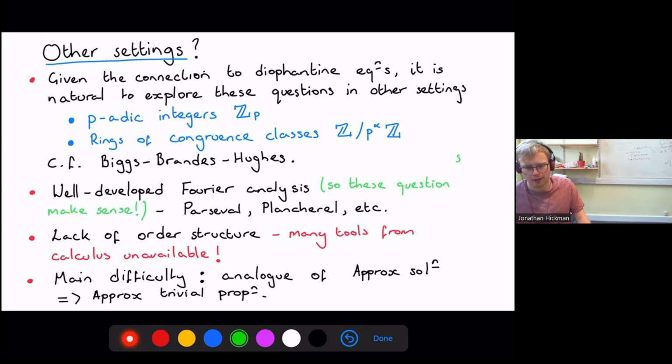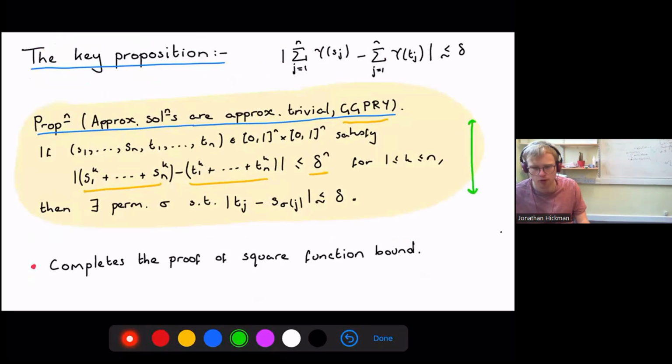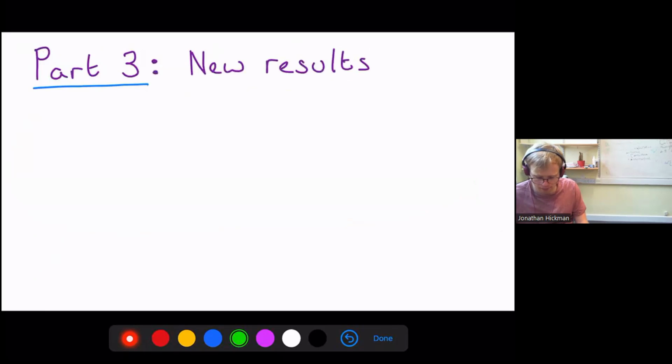And therein lies the key difficulty in the extensions that we're trying to prove, because these tools from calculus play a heavy role in the proof of the central proposition about characterizing these approximate solutions to the system of equations. The arguments of Gressman and co-authors use a lot of tools from calculus, such as the intermediate value theorem. So we can't carry over the proof of this proposition into the p-adic setting, for instance.